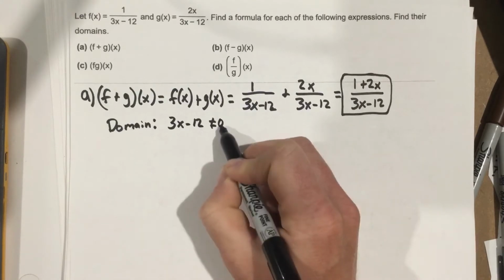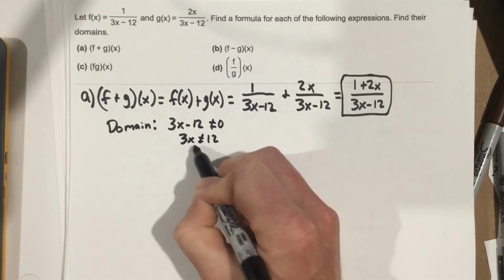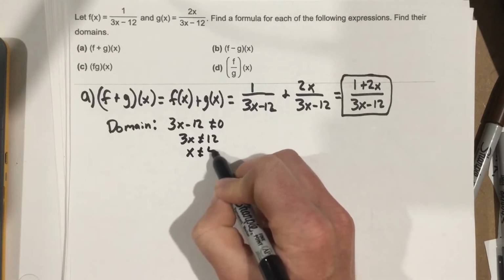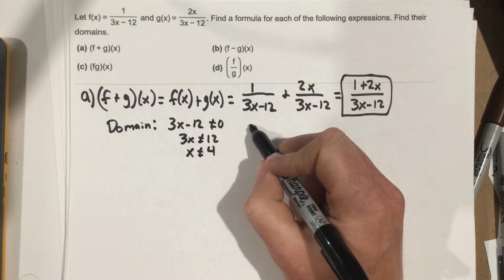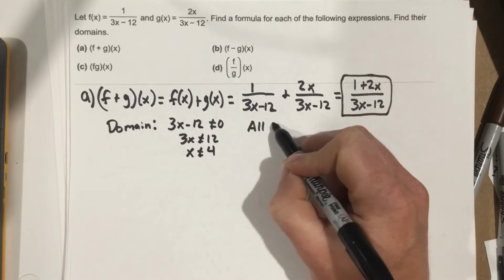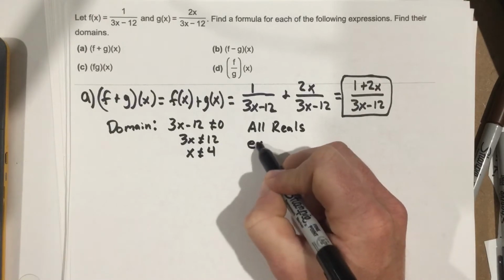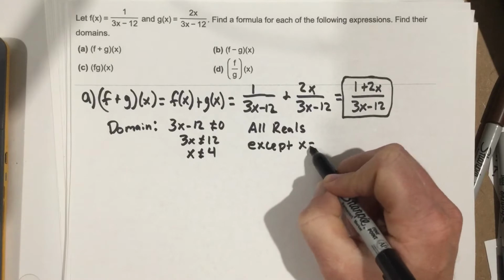We add the 12 over, and we get 3x cannot equal 12. Divide by 3, and x cannot equal 4. So the domain is going to be all reals except x equal 4.